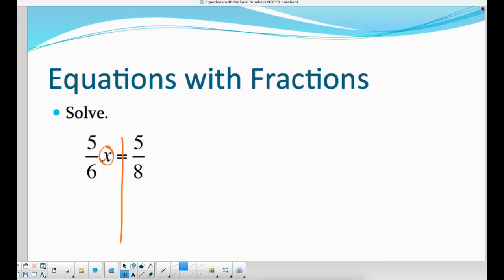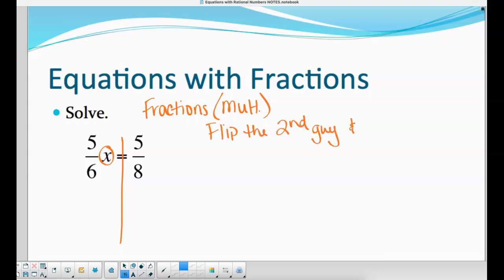Yeah. So solving with fractions and multiplying. Okay, you're going to flip the second guy and multiply. Right? That's what we did. If I just flip this, if I write times 6 over 5, do you see what happens?